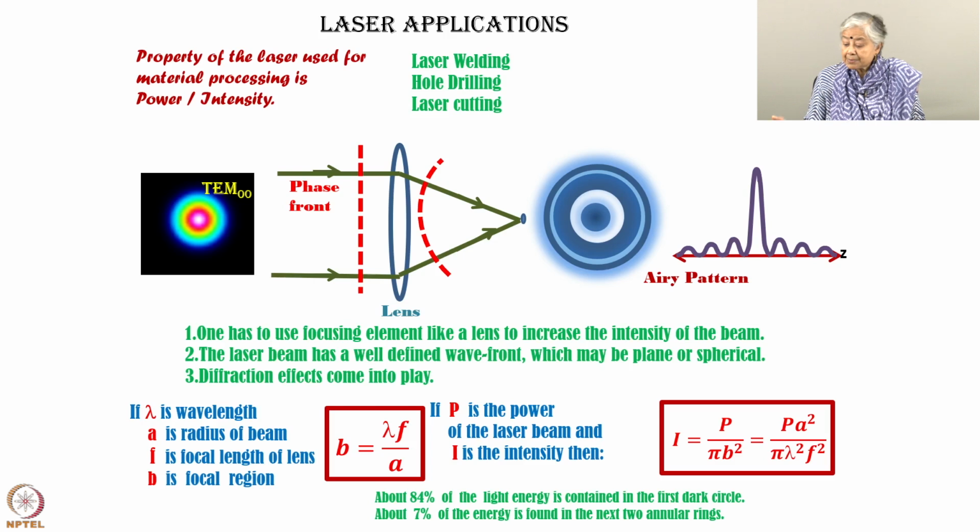So, my first application is on the property of the laser that is used for material processing, which uses the power and the intensity characteristic of the laser. Okay. So, they are used for laser welding, laser hole drilling and laser cutting. All three of them use this power and intensity capability of any laser.